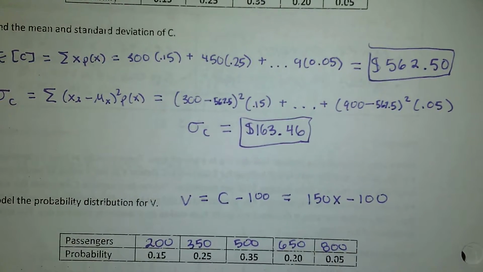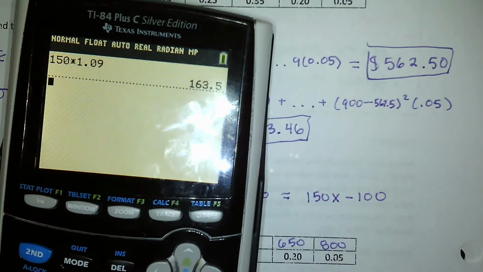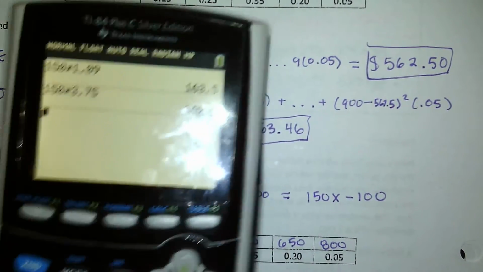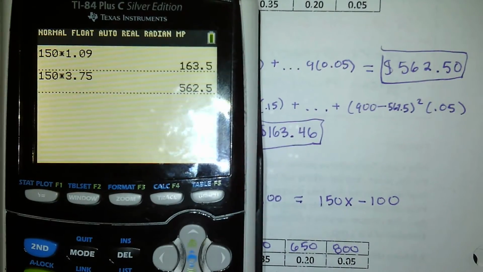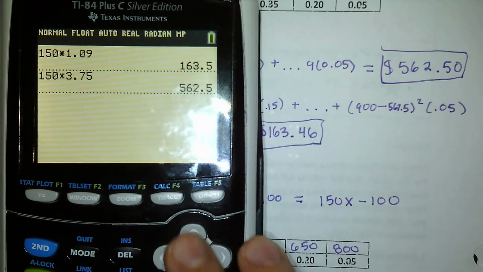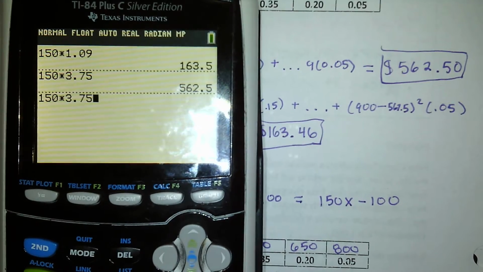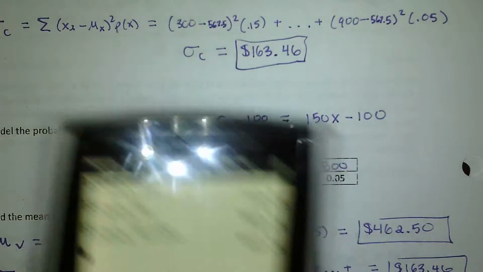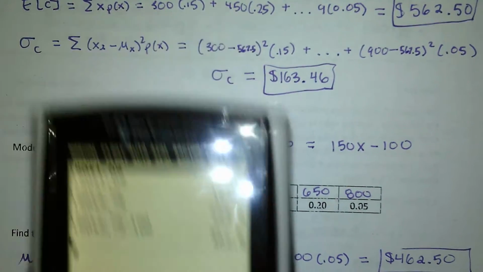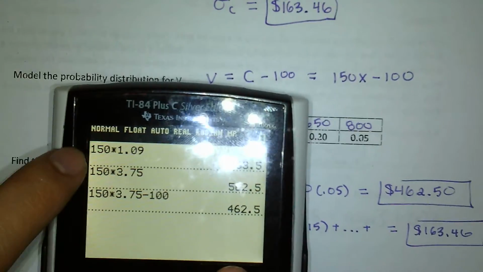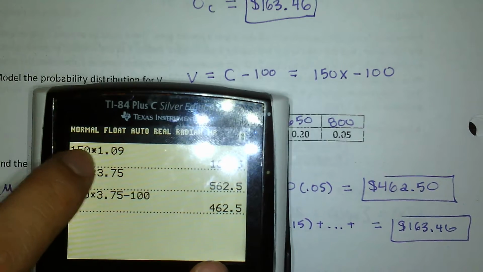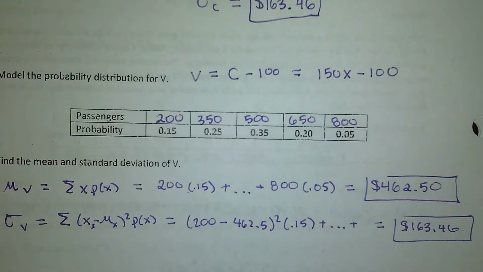And what if I took my original mean? Our original mean for the distribution was 3.75, so if I take 150 times 3.75, 562.50. It's almost like there's a pattern here. Okay, so what if I took our original mean, and then I subtract off 100, and I get 462.50, okay, and then remember, addition and subtraction don't change the spread, so that's still the same thing as the 150 times the standard deviation, so that's not going to change.